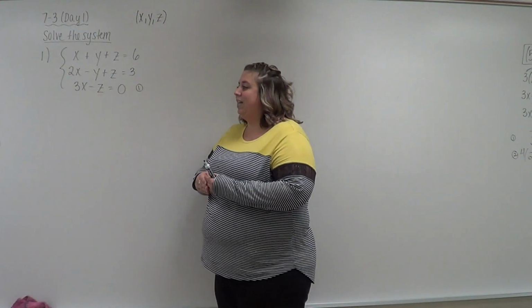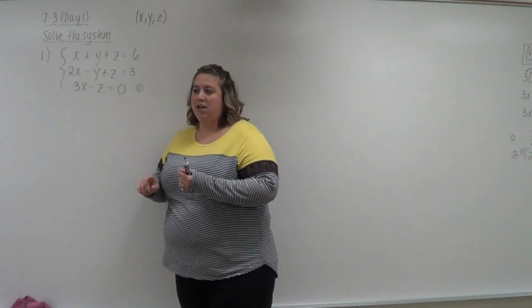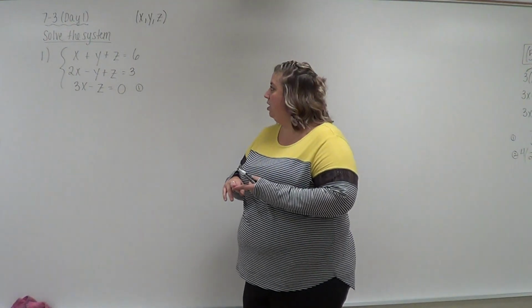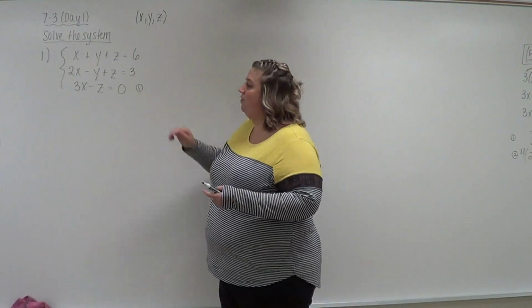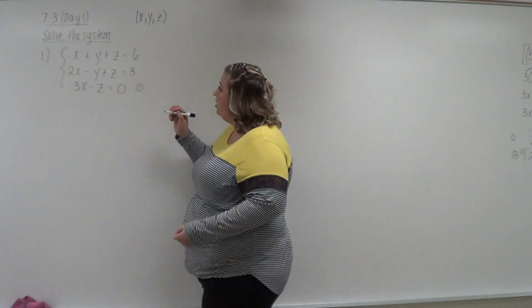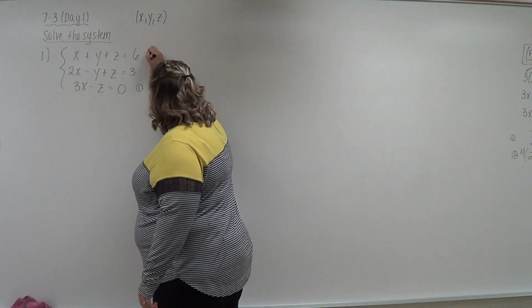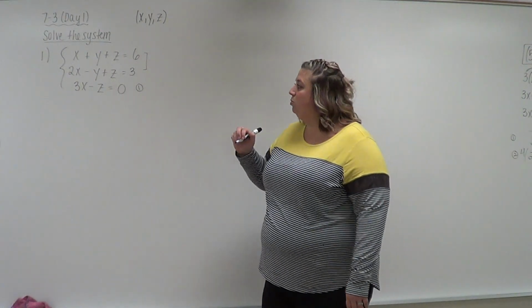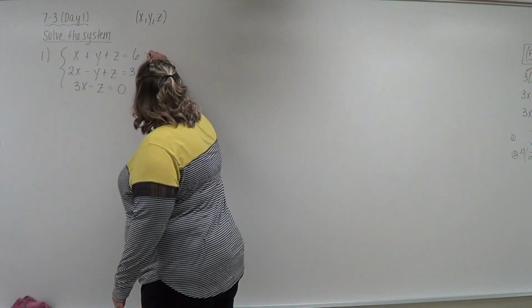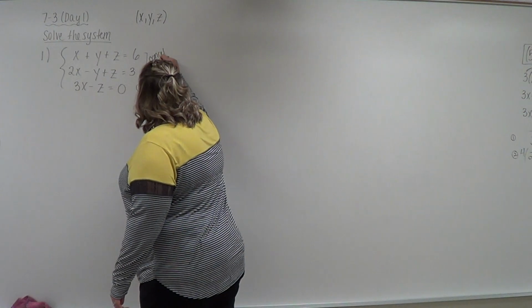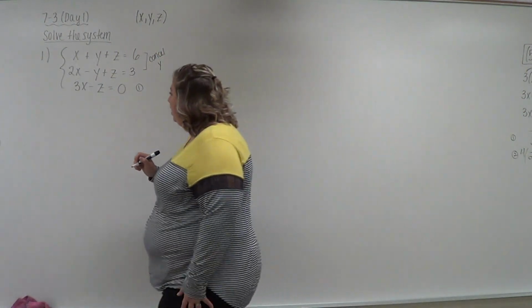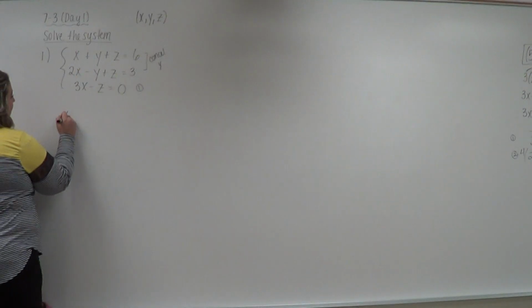Since this has x and z, I need to find another equation that has x and z. I don't have anything given to me, so I'm going to have to figure out a way to combine these two by using elimination. If I just want x and z, that means I need to cancel the y's.